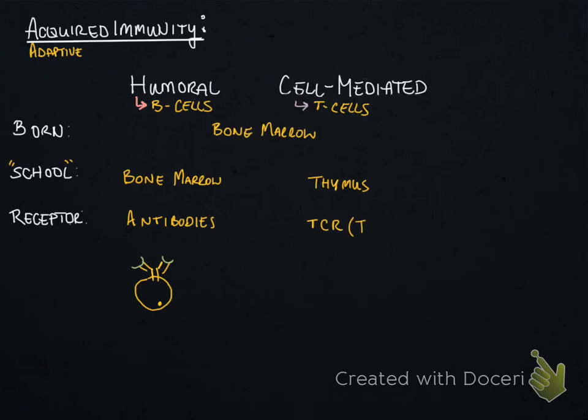TCR for T cell receptor. So we'll draw that like this. And that receptor is also specific for a specific antigen. So you can imagine that if these cells are so specific and therefore have so much power, they will have to go through some pretty rigorous selection.